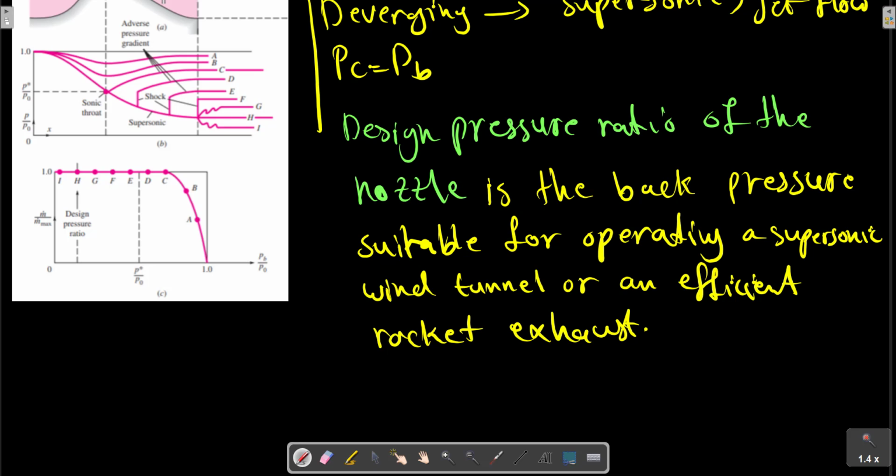Now back up to suppose that PB lies between curves C and H, which is impossible according to purely isentropic flow calculation.